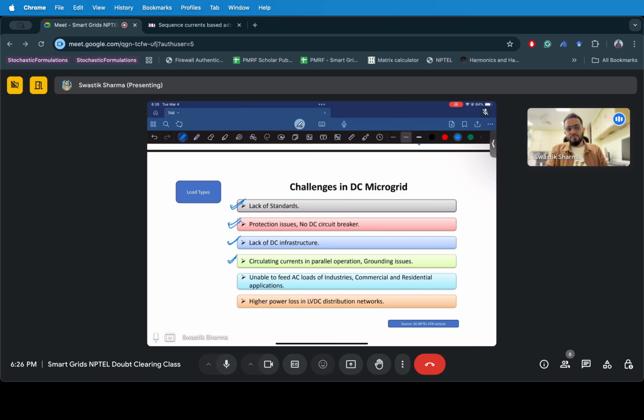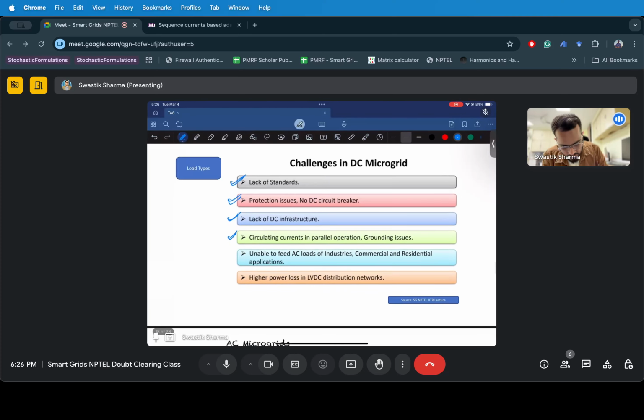Then there is the concept of circulating current in DC. In microgrids, if the voltages at two nodes are not the same, you will have the problem of circulating currents, because there will be different currents in different feeders. We'll discuss more on this next week when we discuss DC microgrids in depth.